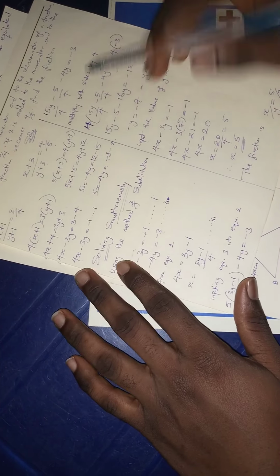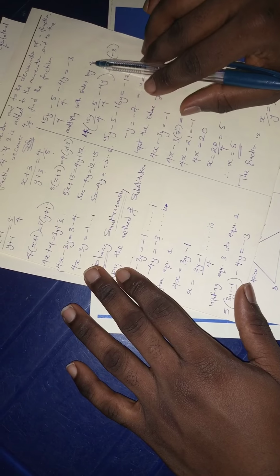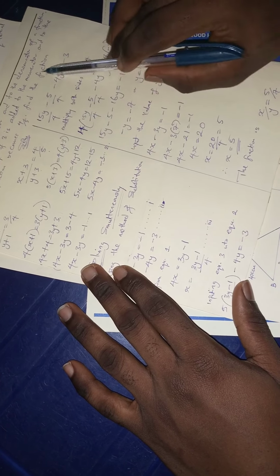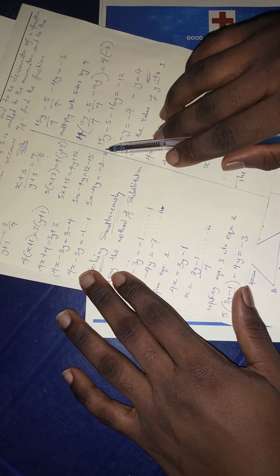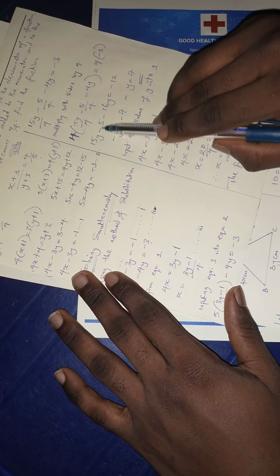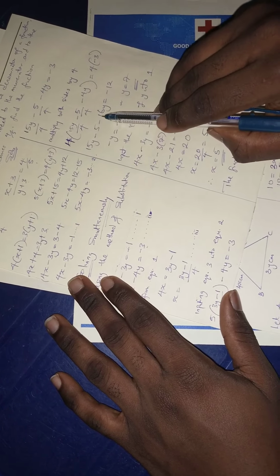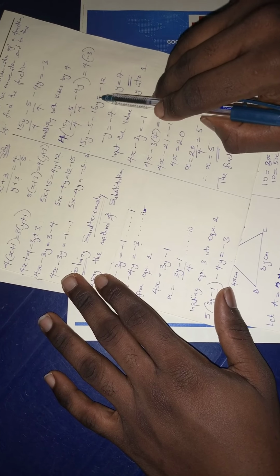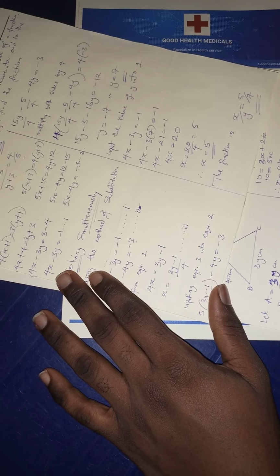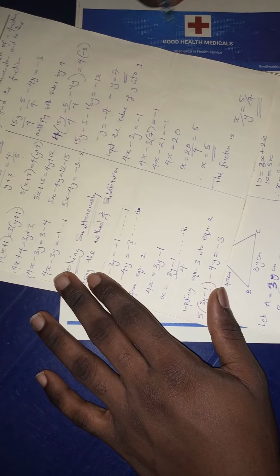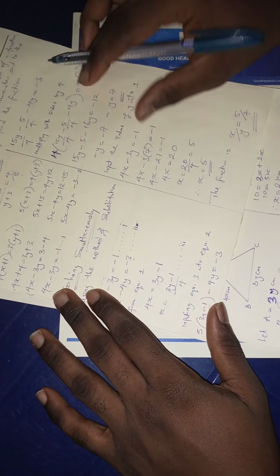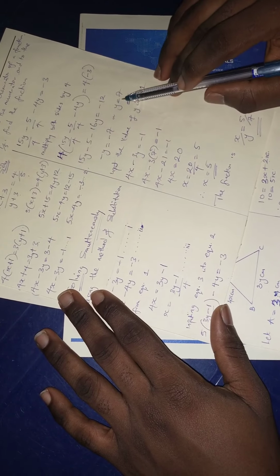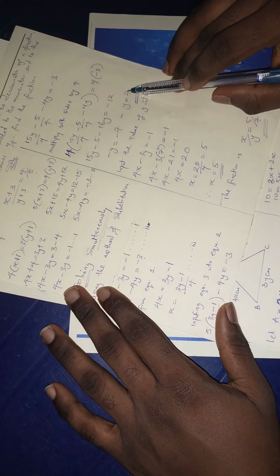So they are still the same thing. Now if I multiply both sides by 4, that is the left hand side and the right hand side, I will definitely have 15y minus 5 minus 16y being equal to negative 12. Now if I rearrange this and subtract, I will have y being equal to 7.